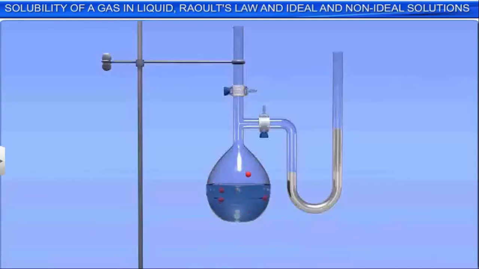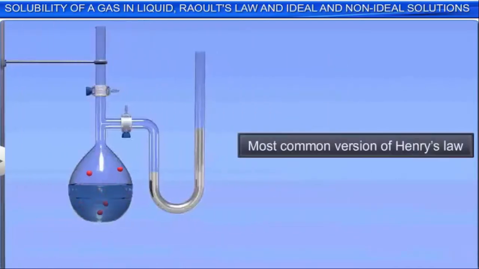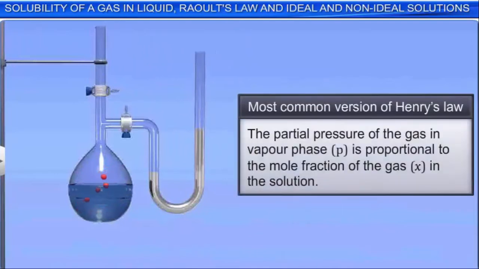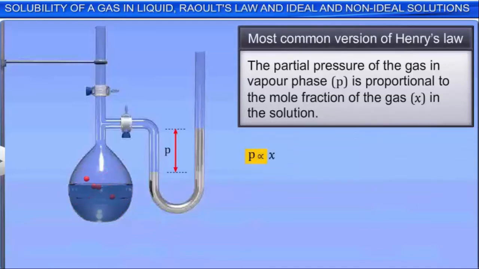However, the most commonly used version of Henry's law is: the partial pressure of a gas in vapor phase, P, is proportional to the mole fraction of the gas, X, in a solution. Mathematically, it can be represented as P is proportional to X, or P equals KH X, where KH is the Henry's law constant.